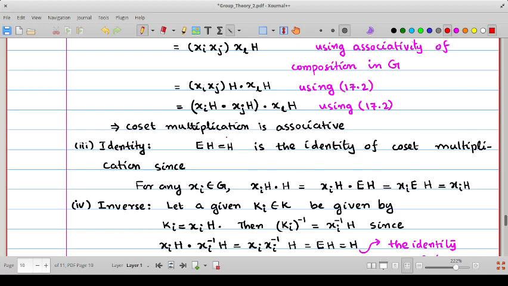Now we need to think about the identity of this set. We see that the coset corresponding to the identity element is simply the subgroup H itself.